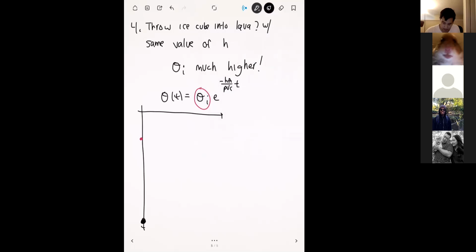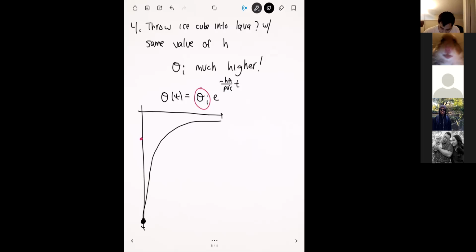What's interesting about this is that even though the initial temperature difference is different, if everything else in this problem stays the same, the rate at which the temperature changes in the ice cube actually stays the same. And so you're going to end up with a graph that looks something like this.